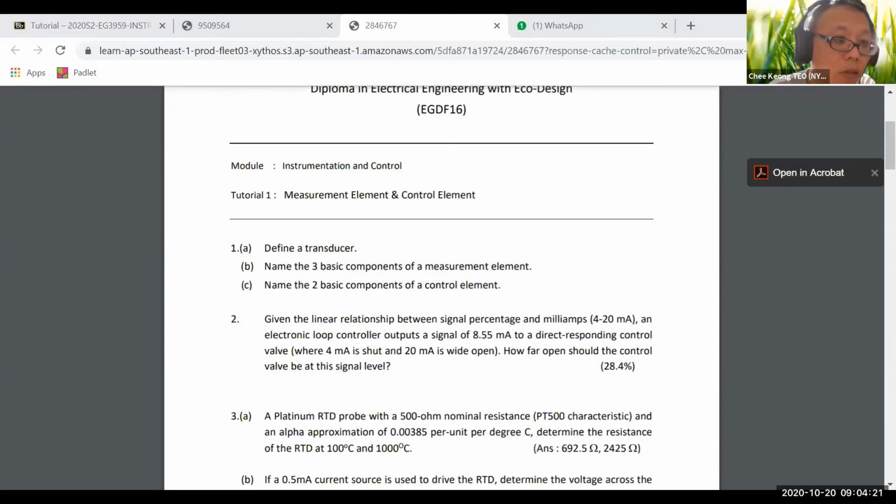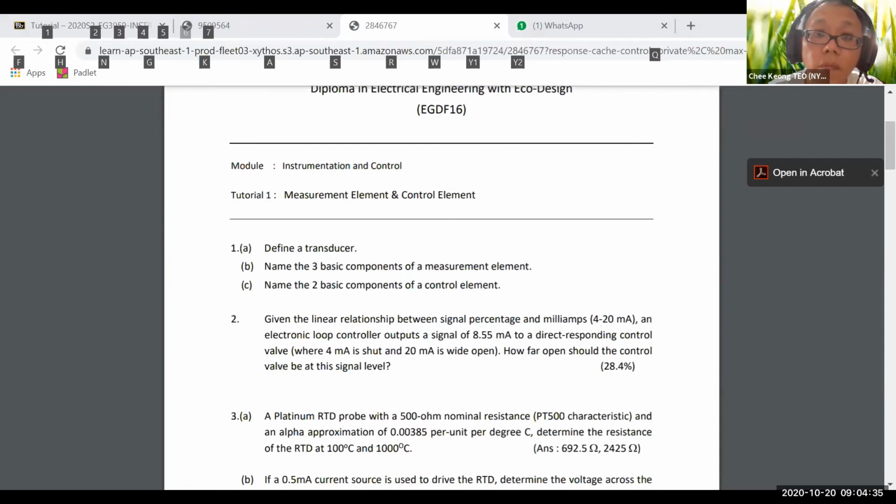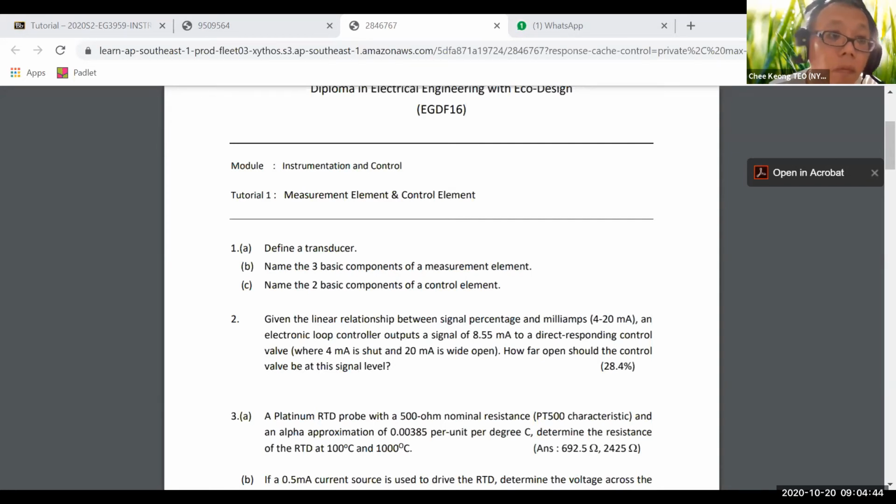The next question we are going to talk about is question 2, on the control element, control valve. Let's look at question 2.